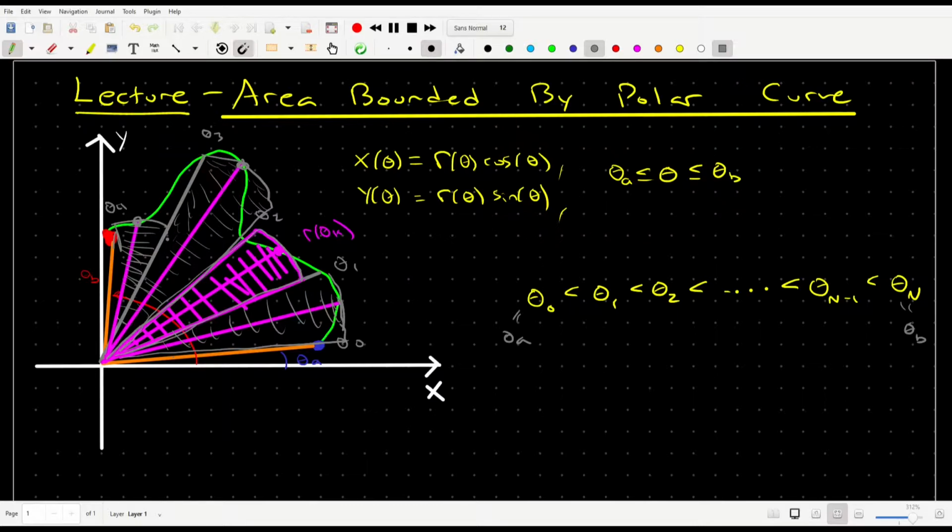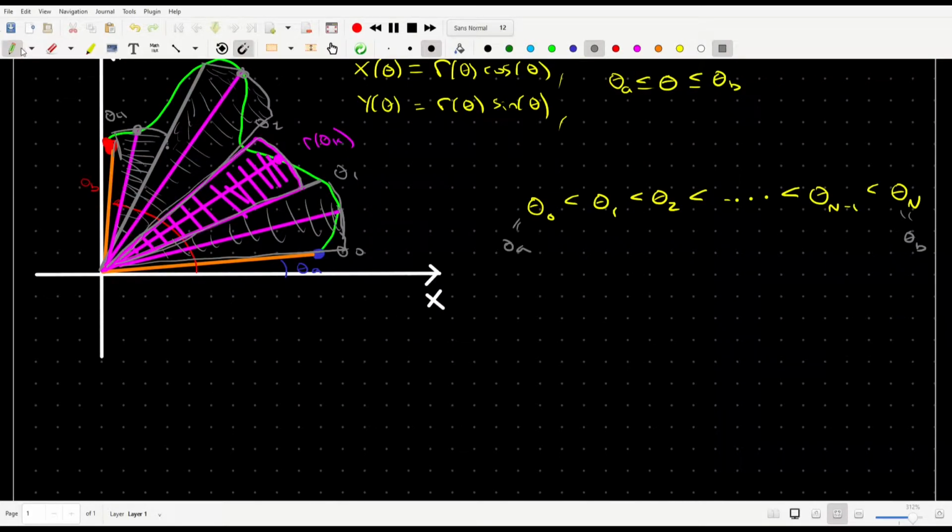So for the kth segment here, what is the area going to be? We know that the area of a full circle is pi times r squared. To quickly figure out the area of this segment, we can use some basic geometry.